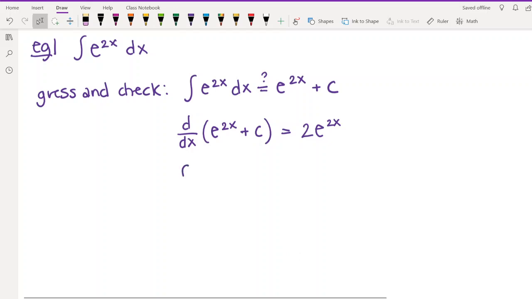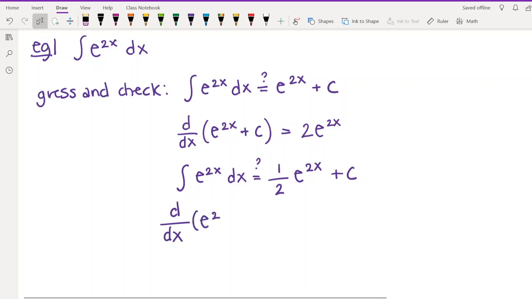So this is now our second try. Let's say maybe the antiderivative is going to be 1/2 e to the 2x plus c, and let's see whether that works. So now when we take the derivative, oops, sorry, I forgot the 1/2. So now what happens when we take the derivative?